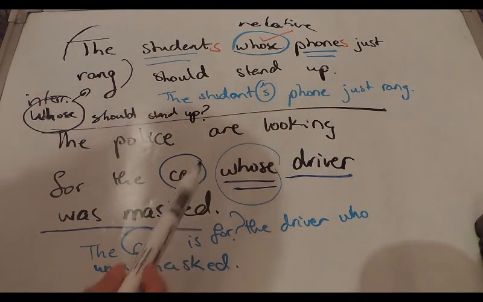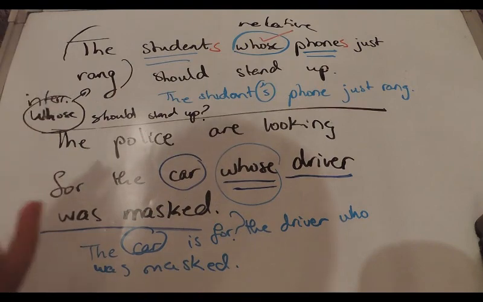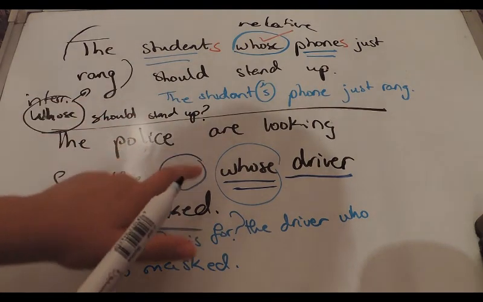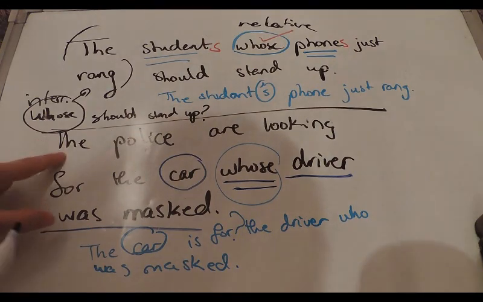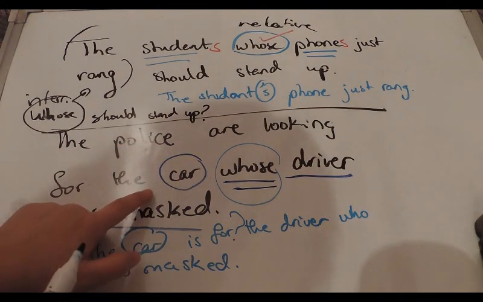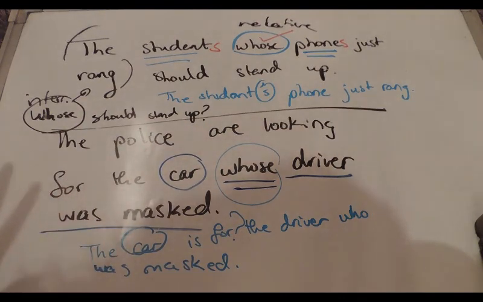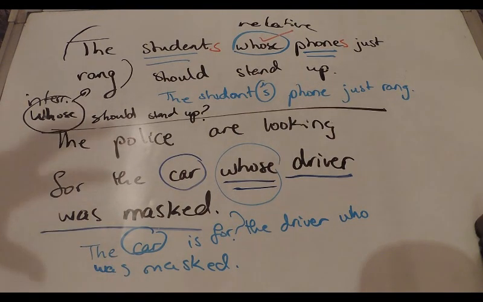So whose is here instead of all this mixing up. Whose related the car to the driver that was masked. The police are looking for the car that is for the driver that, you know, this is a very long and vague sentence, okay? A very long usage. So, whose came here to clear things up. It related the car to the driver that was masked, and it said things correctly.